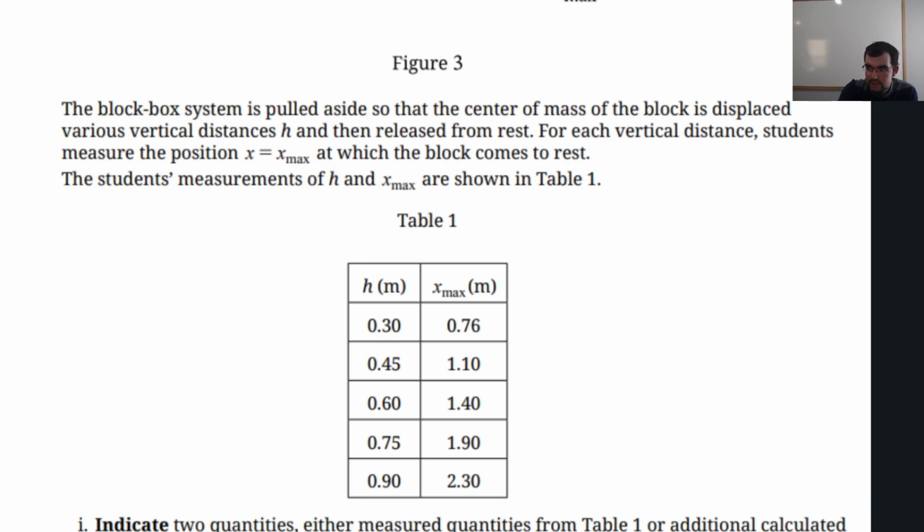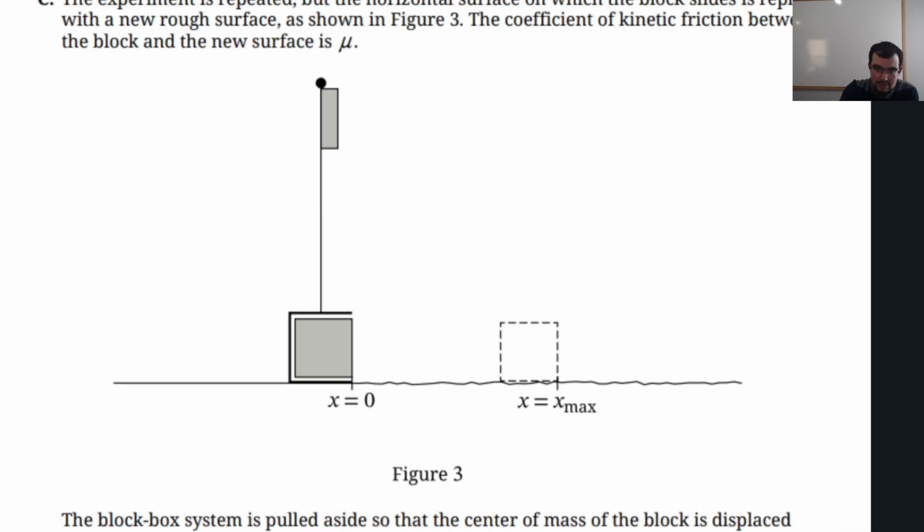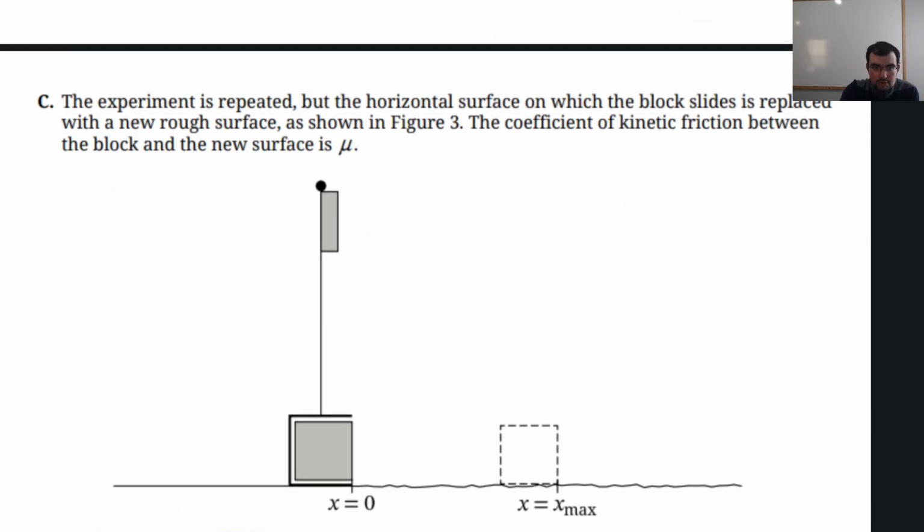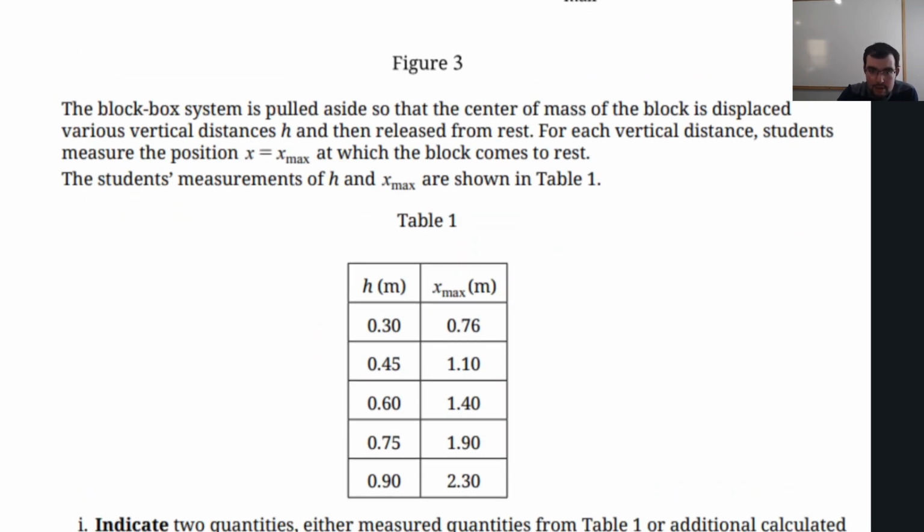So yes, there is kinetic energy here, but we can once again bypass it, just due to the fact that we're given the initial energy, mgh. So what's happening is the potential energy is getting stolen by friction.